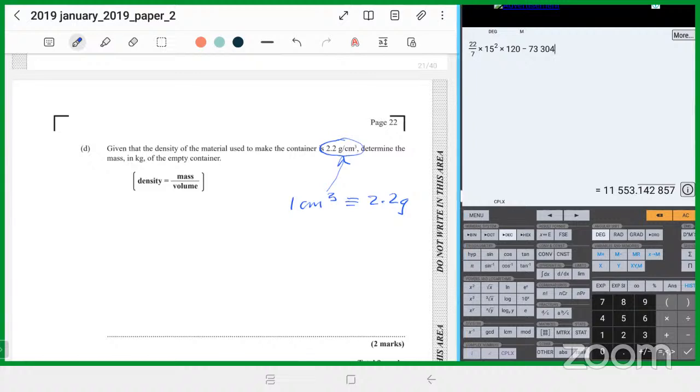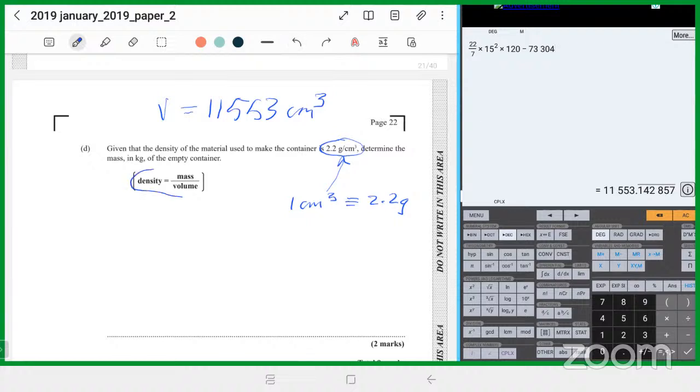So I'm saying they did not have to give us this, right? But they gave it to us so we can use it. It says determine the mass in kilograms of the empty container. Remember, we just worked out that the volume of the material is 11553 cm cube. You want to know what mass that is.